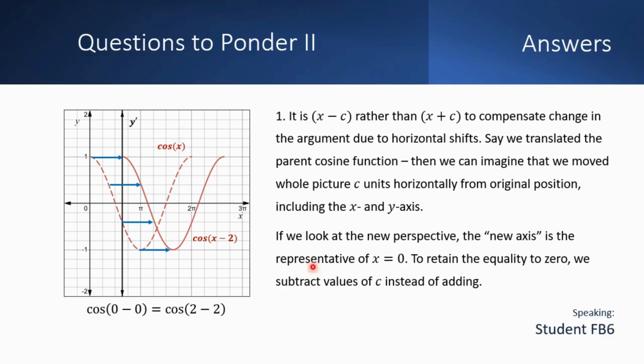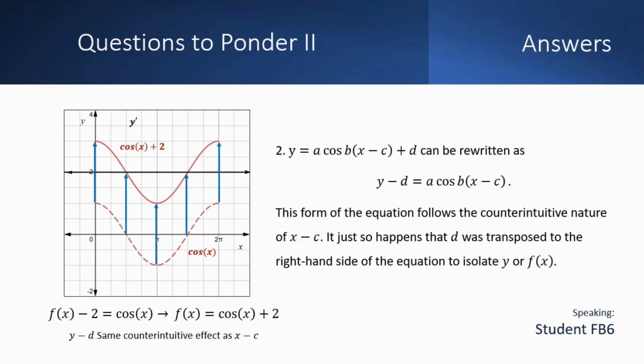So what can we do to make them equal to one another when given as argument in our cosine function? Therefore, we must subtract the amount by which we translated the function for us to make the equality true.